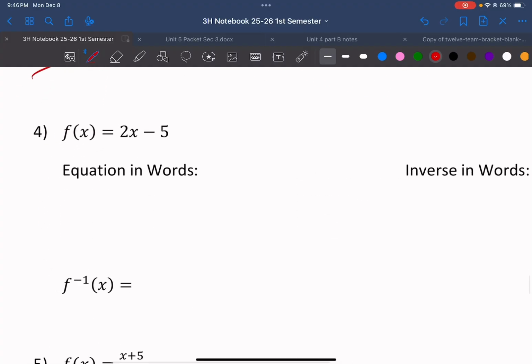Okay, this one is a multi-step equation. Let's write what's happening in terms of order of operations. We're first multiplying by a 2. We are then subtracting a 5.